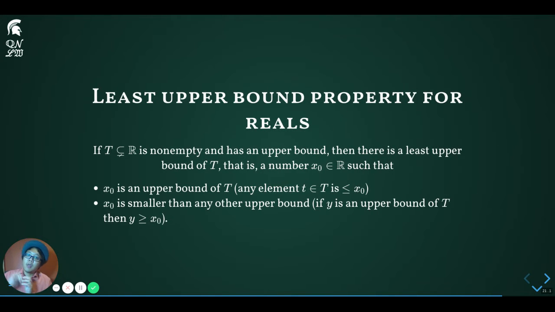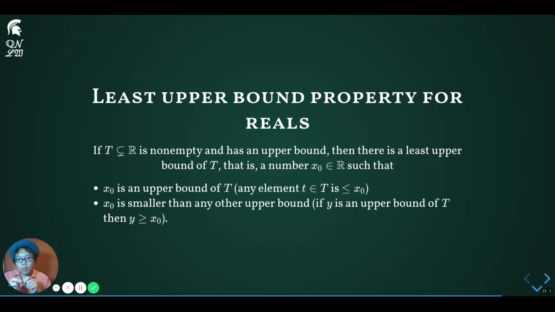First, the least upper bound property also holds for R. Recall that this means if T is a non-empty subset of real numbers which has an upper bound, then there is a least upper bound of the set T. And the least upper bound is a real number x0 that is both an upper bound of T and the smallest such.